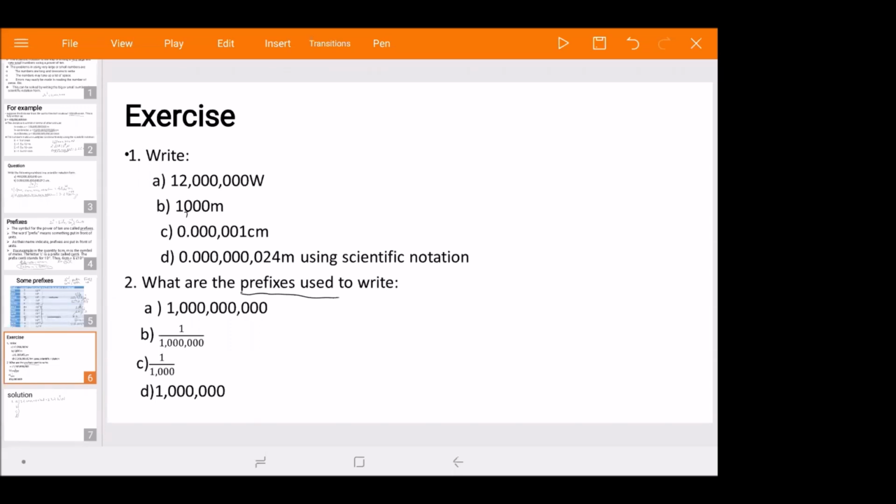We will continue this question next period, okay? Therefore, in our discussion today, we have seen scientific notation as well as prefixes, okay? Try this one by yourself, and we will continue next period.